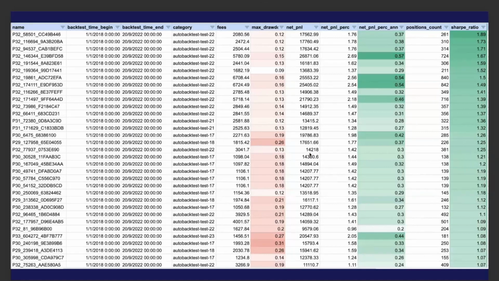This is how, after generating the strategies, we pick the best ones. One of the simple but pretty efficient ways to pick the best strategies is the Sharpe ratio. Definitely you need to consider how many trades and positions you have.